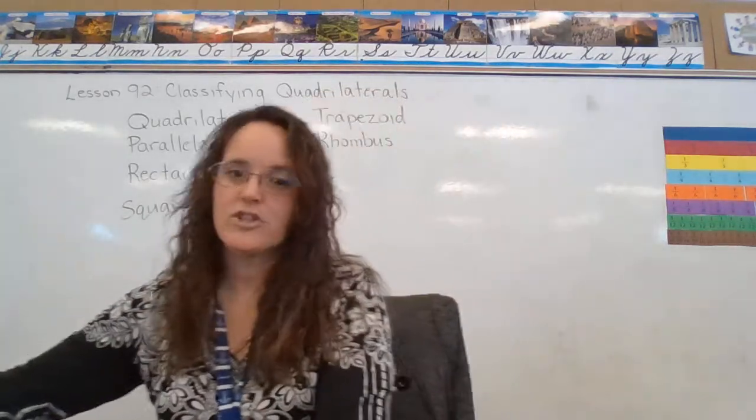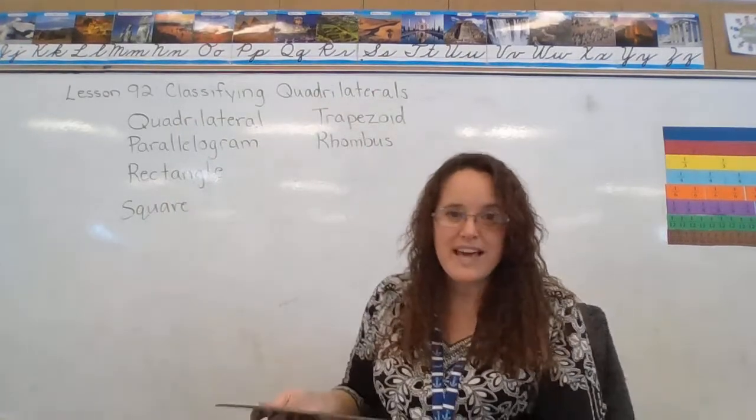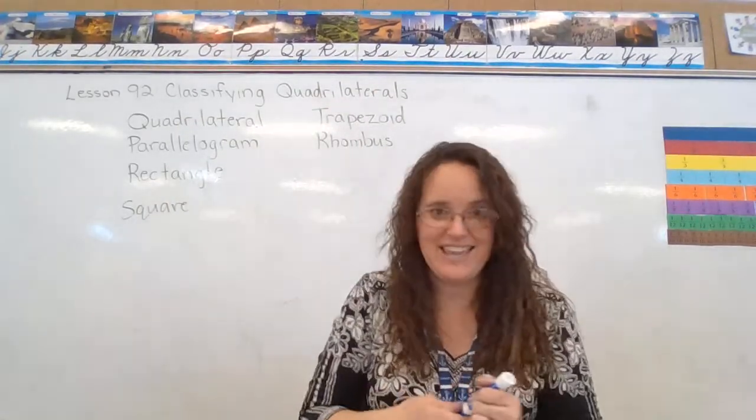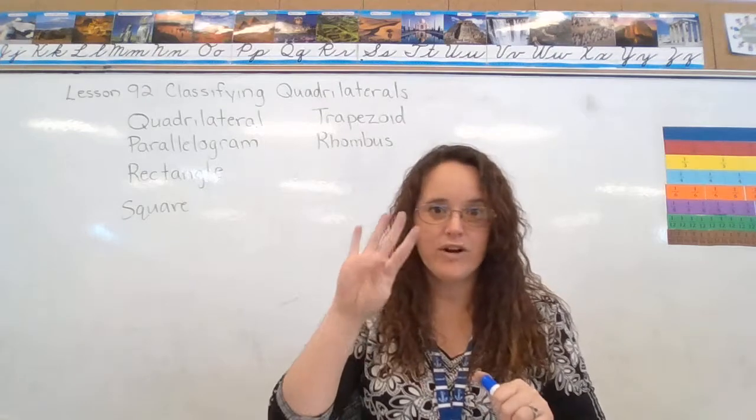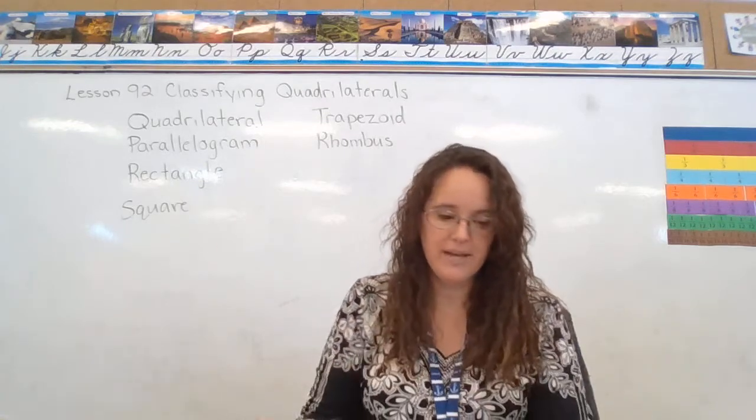So the first thing we have is a quadrilateral, and a quadrilateral is anything that has four sides and it's a closed polygon, a closed shape.